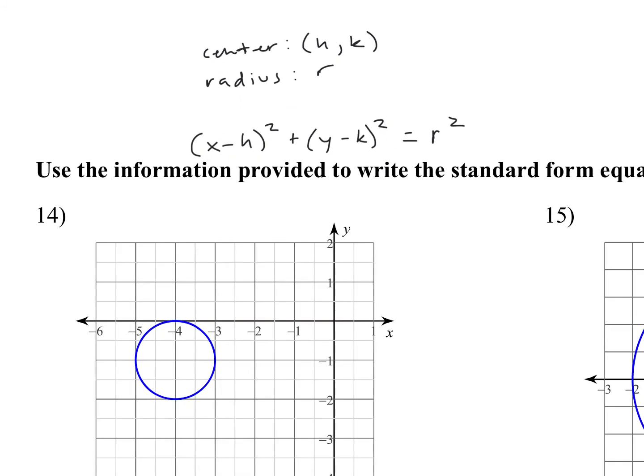So we need to figure out what our center of the circle is and plug that into our formula. So our center is right there.